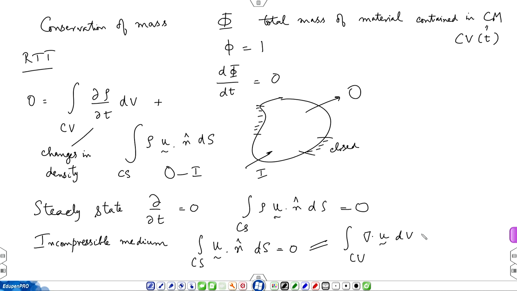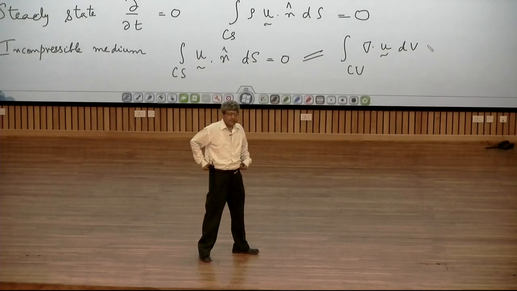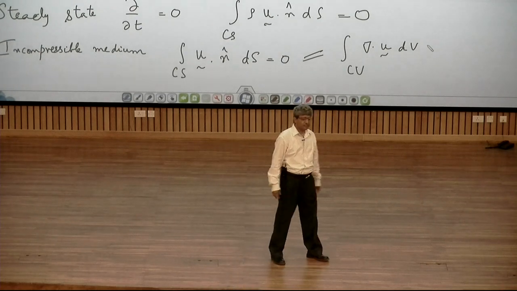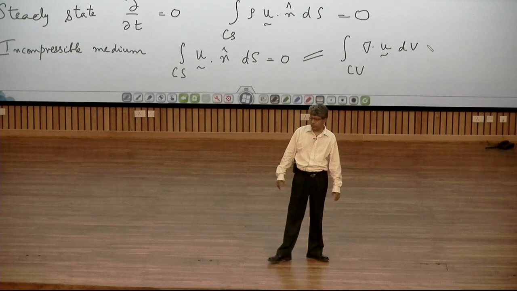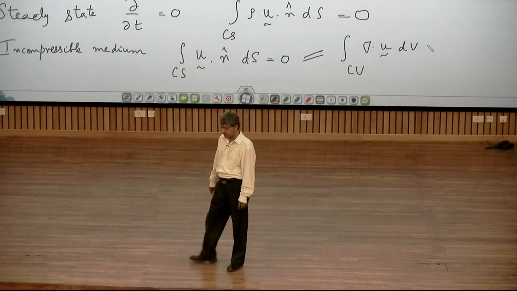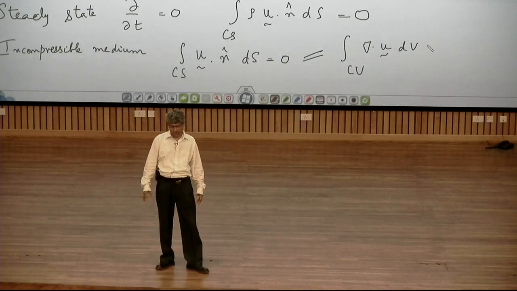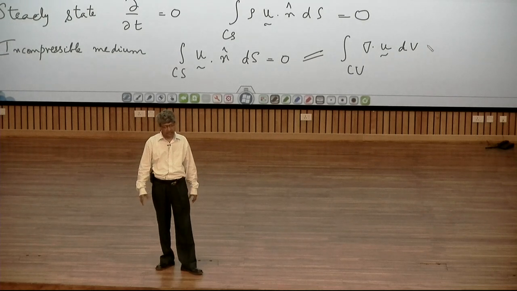Now, here is a sweeping statement I am going to make. In all this discussion, C v is not specified. Okay. There are several ways of looking at it. C v is not specified, therefore, if the integral of a quantity is 0 on an unspecified volume, then the quantity itself has to be 0.